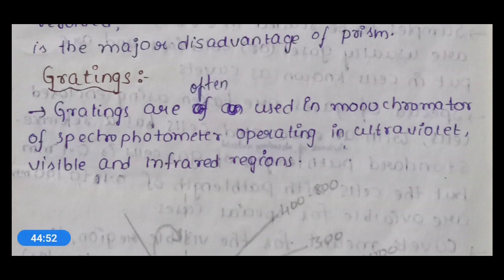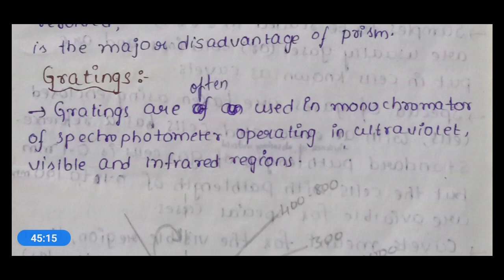Finally, this monochromatic light is focused by a focusing lens or mirror, and exits through the exit slit. So these are the first two parts of the spectrophotometer.